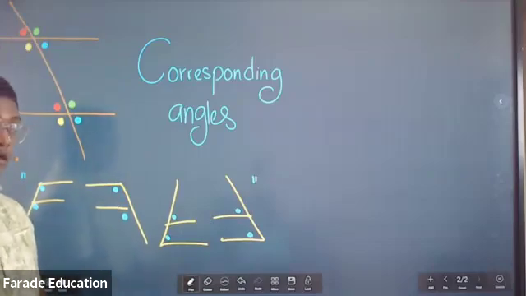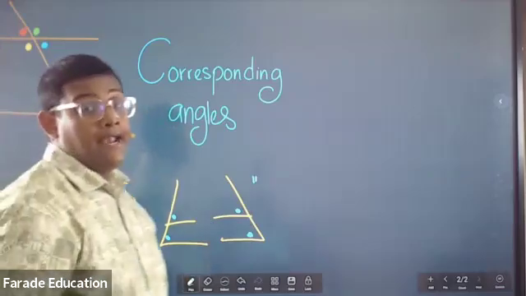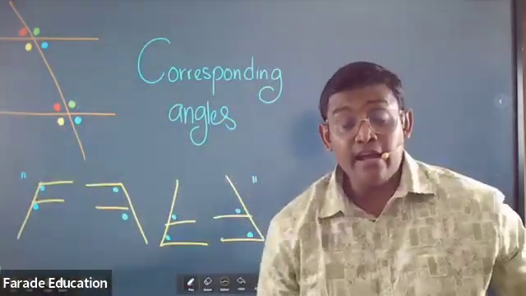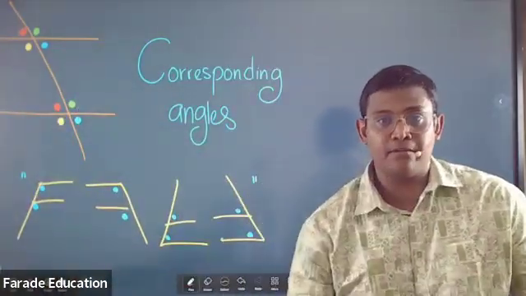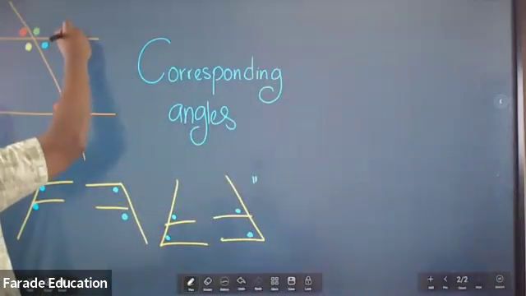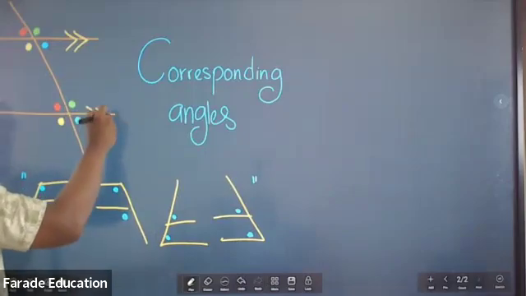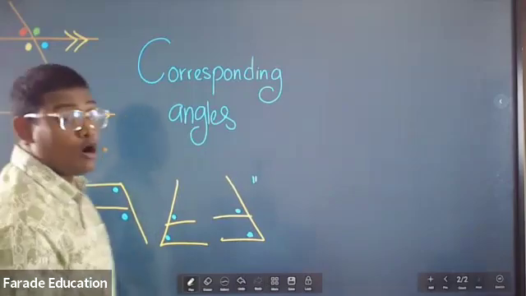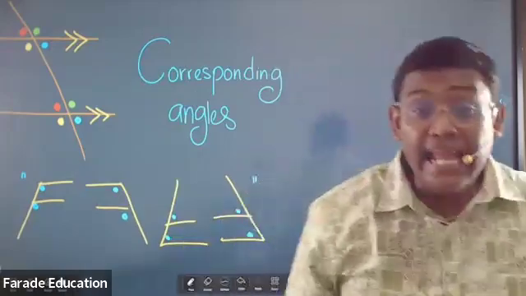All the colored angles are corresponding angles. And if and only if they say these two lines are parallel, then what happens? The corresponding angles are equal.